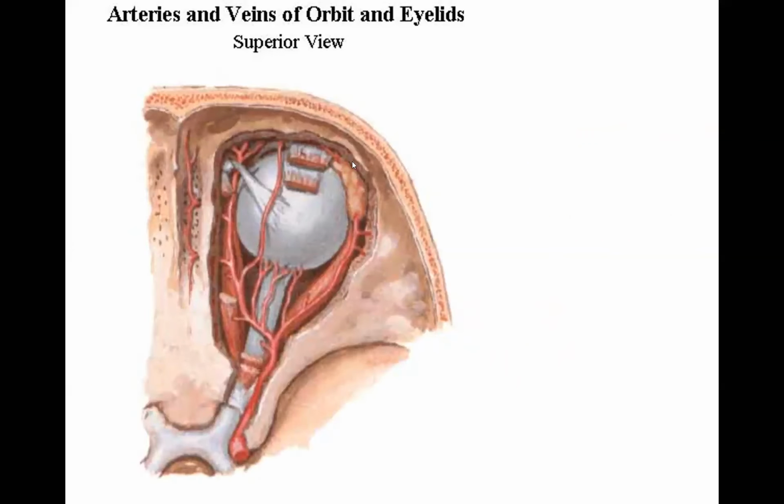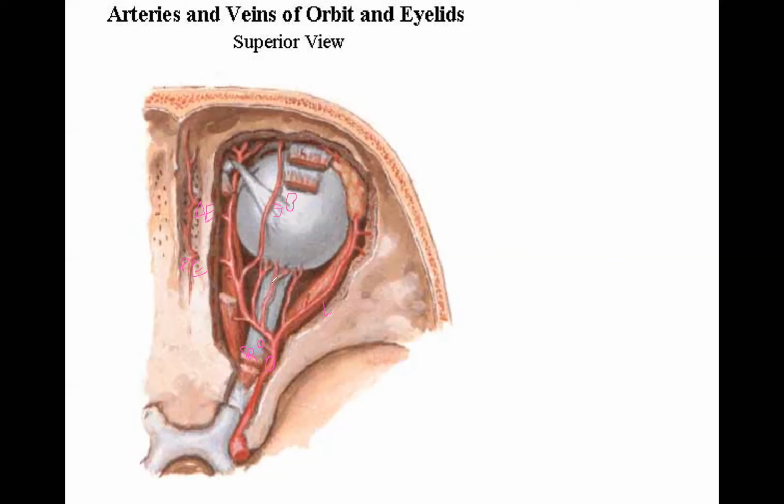This is just the macroscopy, so I can highlight some of the arteries. We have the ophthalmic artery here, giving the central retinal artery, entering the optic nerve. We have the lacrimal here, the posterior ethmoidal and anterior ethmoidal here, and the supraorbital.